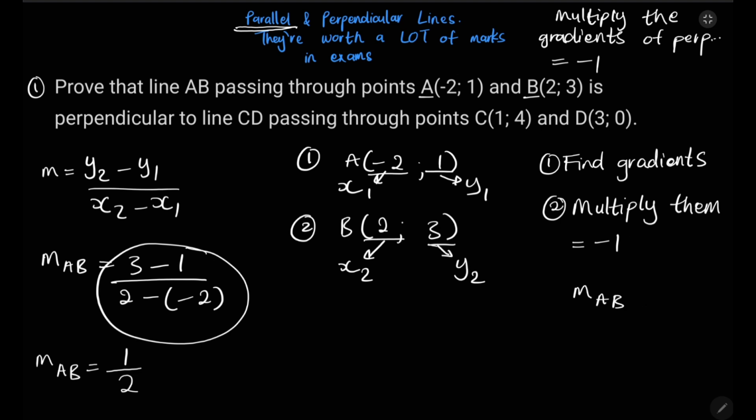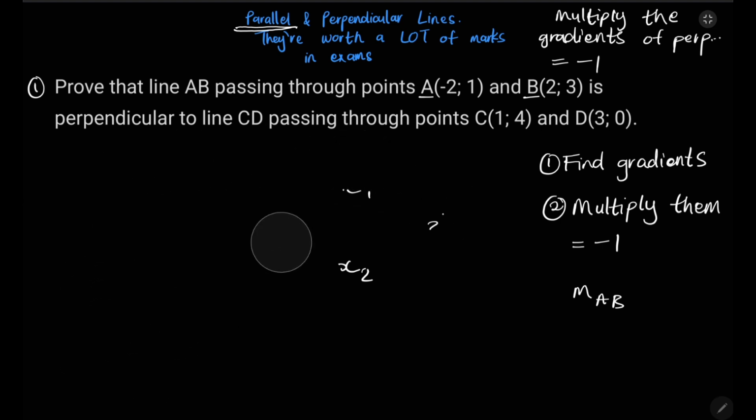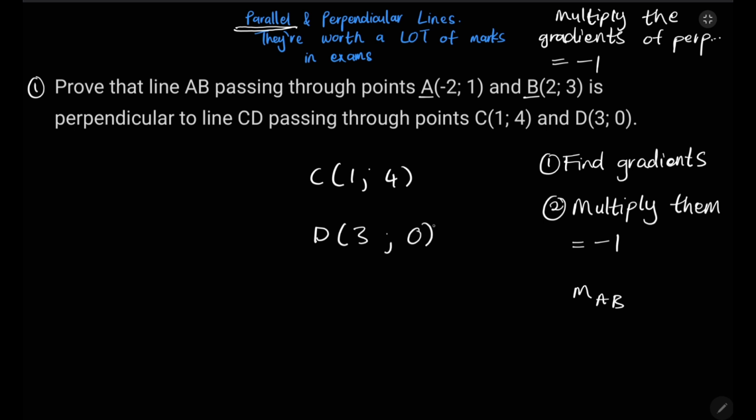Now let's find the gradient of CD. And remember, when you multiply these at the end and we get -1, that means these two lines are perpendicular. We have to prove this. We have line CD. C is 1 and 4. D is 3 and 0.